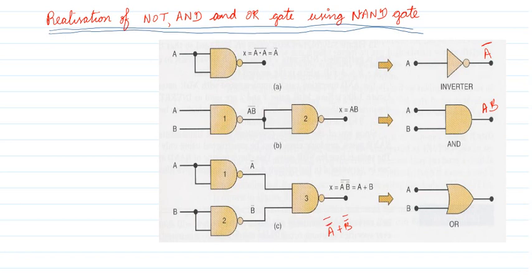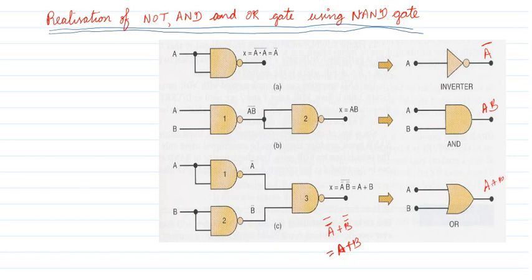Double complement means two times inverted. One time inverted means one complement line, two times inverted means two complement lines. If you invert two times, we get the same output. So the output is A plus B. I am giving the input as A and B, and I am getting the output as A plus B. So this is nothing but an OR gate.